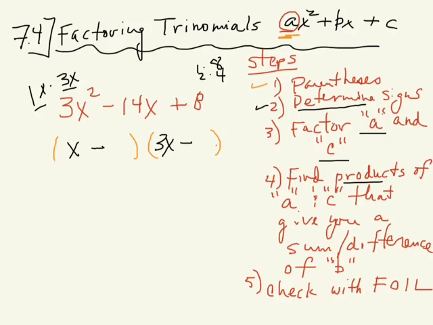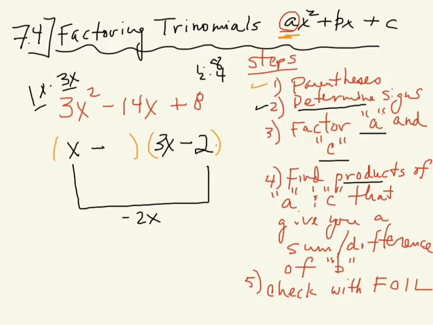Okay, so now I have to figure out, I multiplied 1x times 2. That's fine. This 2 has to go in the opposite binomial. You never multiply these two things. So 1x times a negative 2 gives you a negative 2x. That's outside terms, in FOIL.